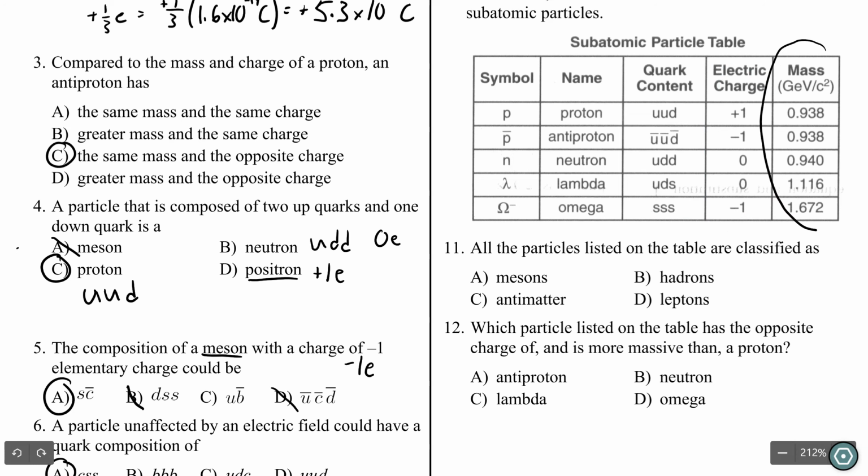And then they tell you the mass in terms of giga-electron volts per c squared, the speed of light in a vacuum squared. If you're wondering, this is a unit of energy, and this is not a unit. This is c squared. It's a quantity, the speed of light in a vacuum squared.